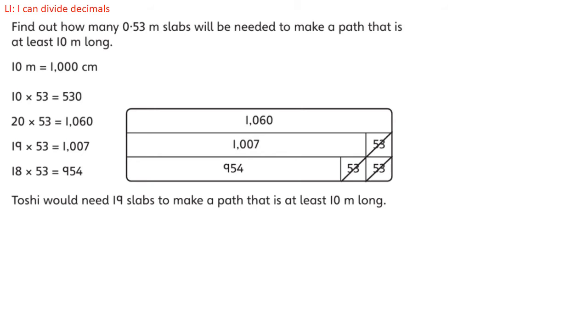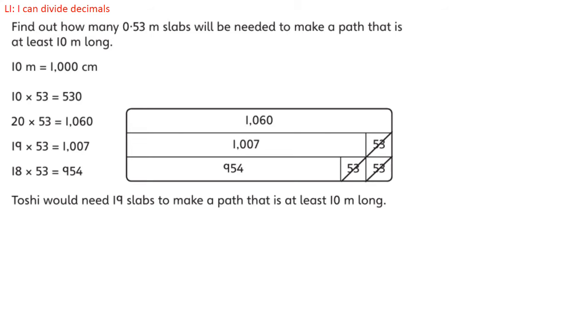Each slab is 53 centimeters. So if I had 10 slabs, that would be 530. If I had 20 slabs, I'm going to double that. So that would make 1,060 centimeters.